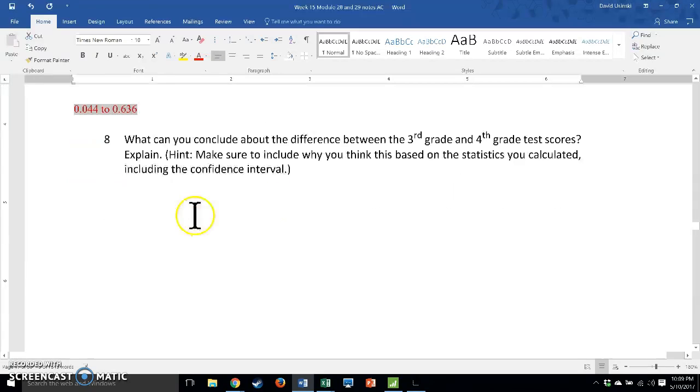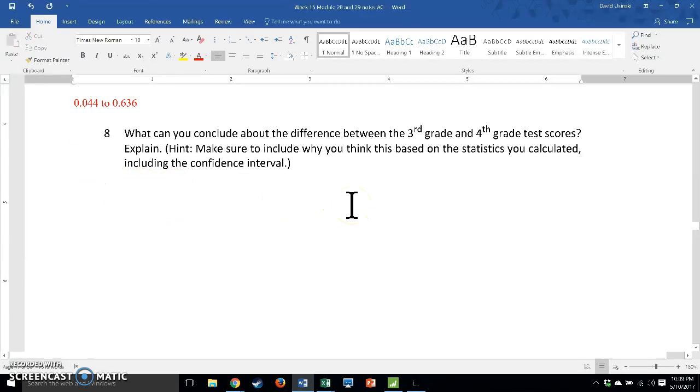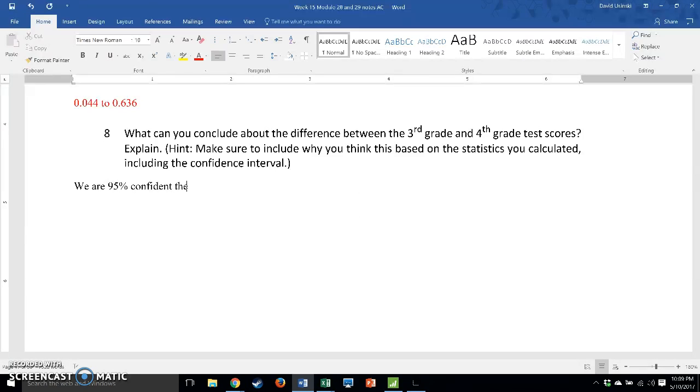Let's write our generic conclusion, and we can say we are 95% confident the true mean difference between 4th grade and 3rd grade test scores falls between 0.044 and 0.636. What's more important is that 0 is not included in the interval.